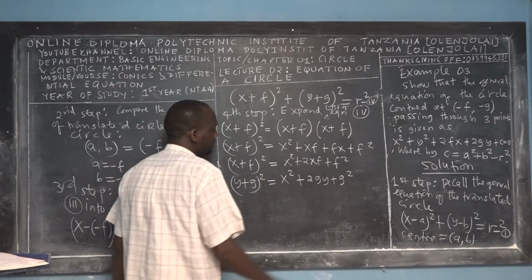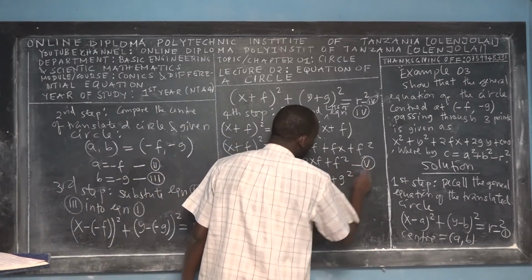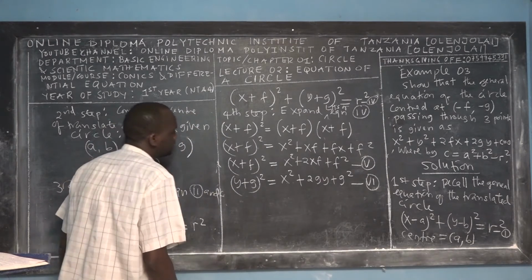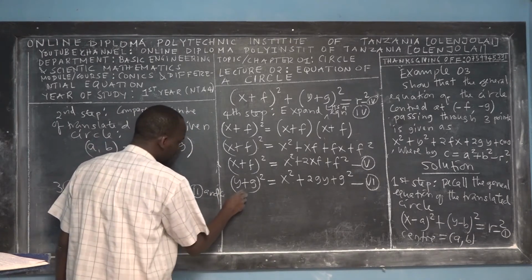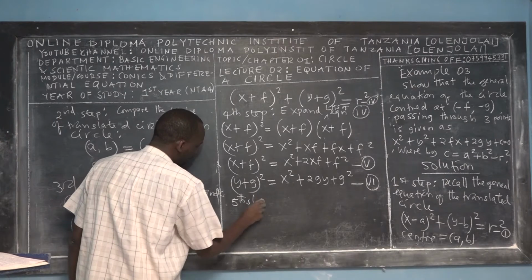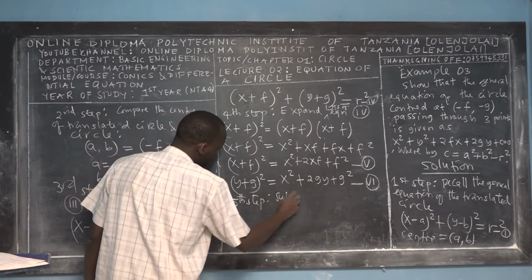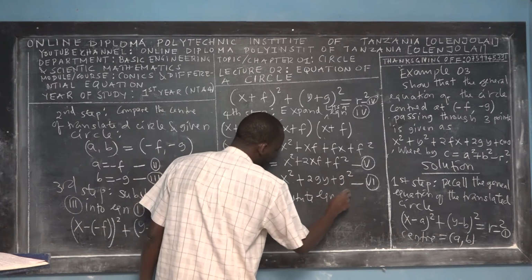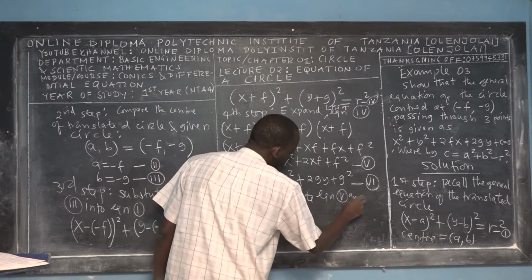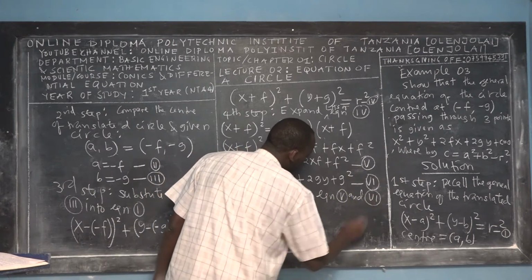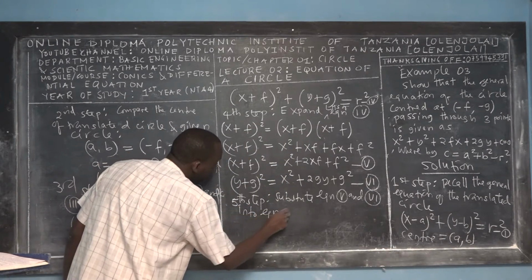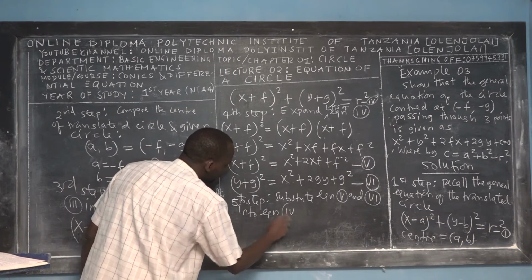So we can say that this is equation 5, and this one is equation 6, then we can go to the next step: substitute the two equations, equation 5 and equation 6, into equation 4.